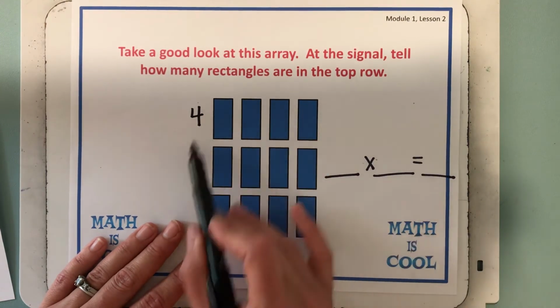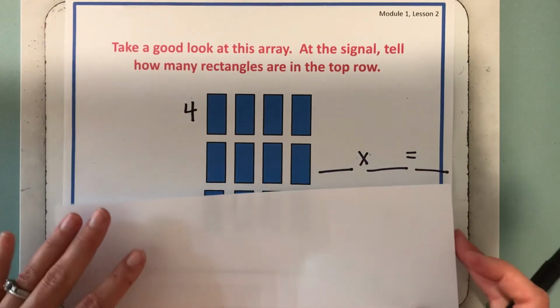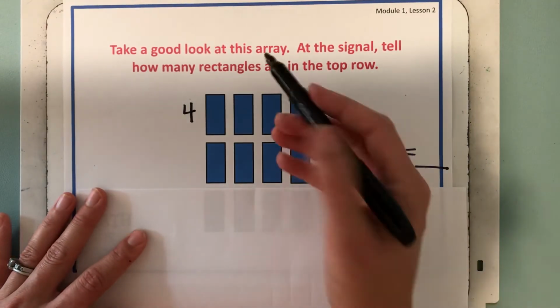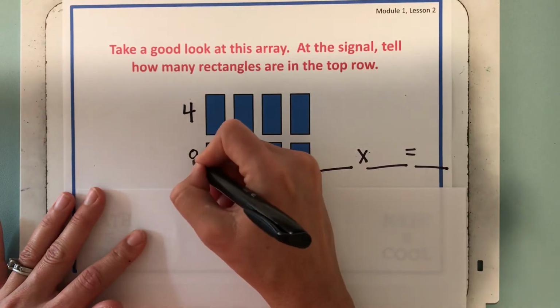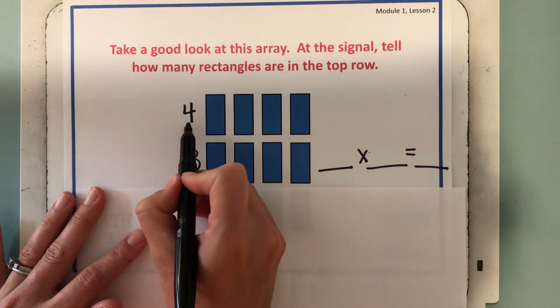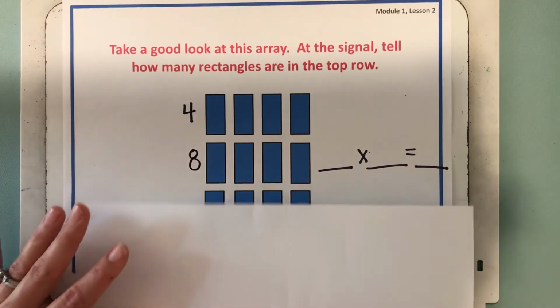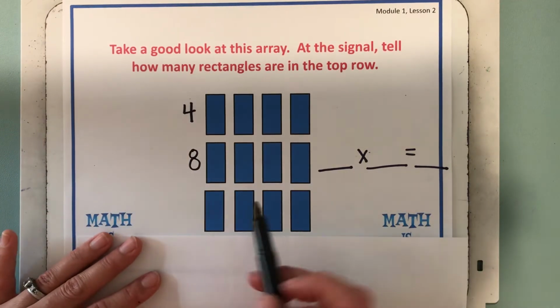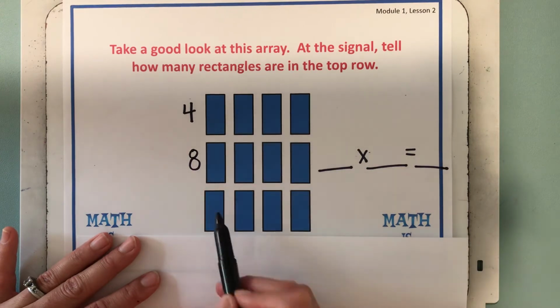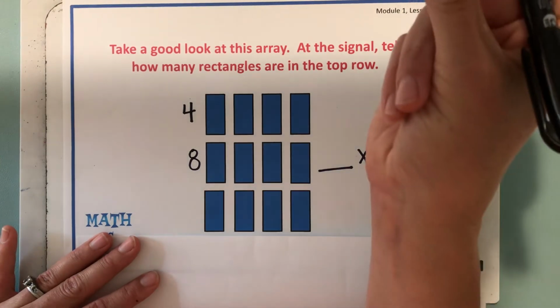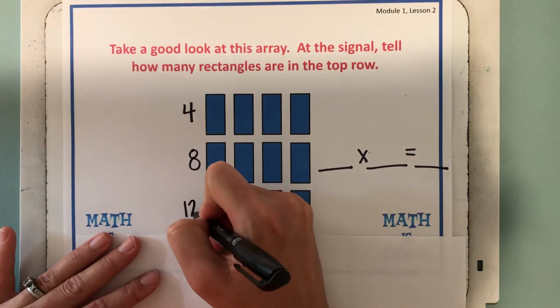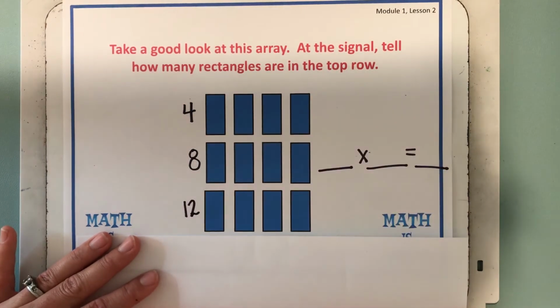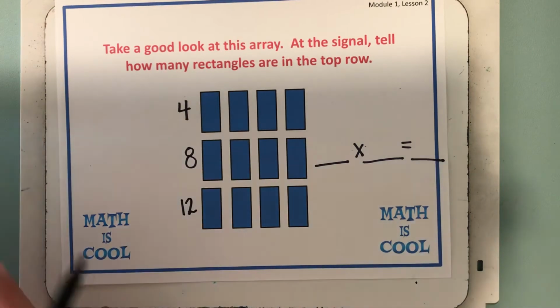So now how many do we have? We have 8. Now we're skip counting by what? Skip counting by 4s. And then the last row, now how many do we have? 12. So that's our total, right? Our total rectangles is 12.